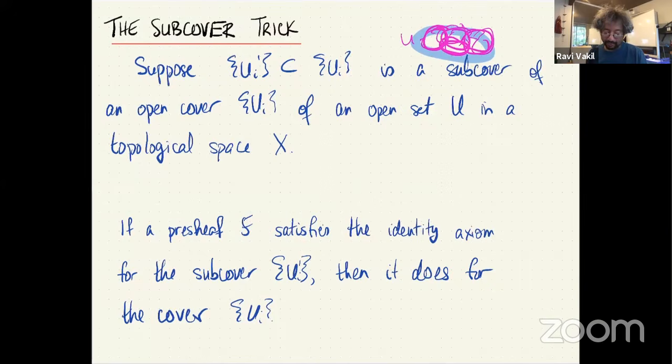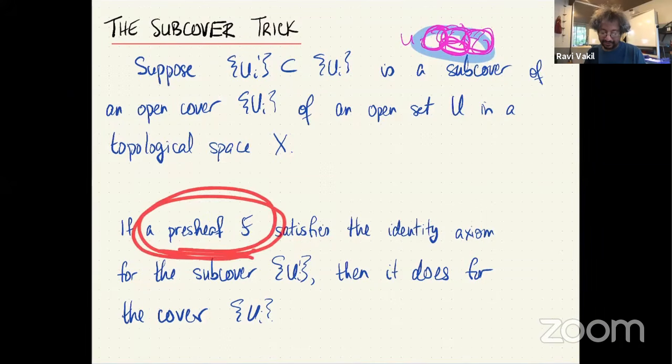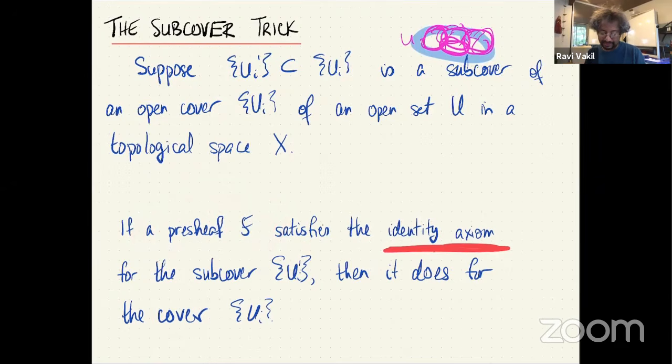I want to point out that if you know the sheaf axioms hold for a subcover, then for sure they hold for the cover in general. Now let me say that more precisely so no one catches me in a mistake. Well, you will catch me in a mistake, but not this one. If you have a presheaf and it satisfies the identity axiom on a subcover, then it does also for the entire cover.